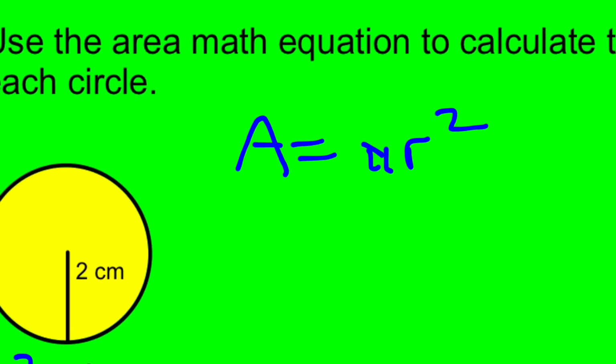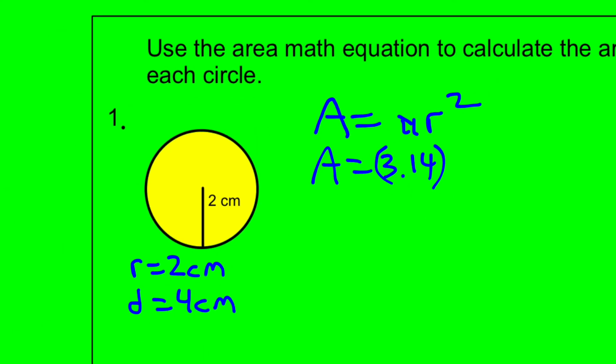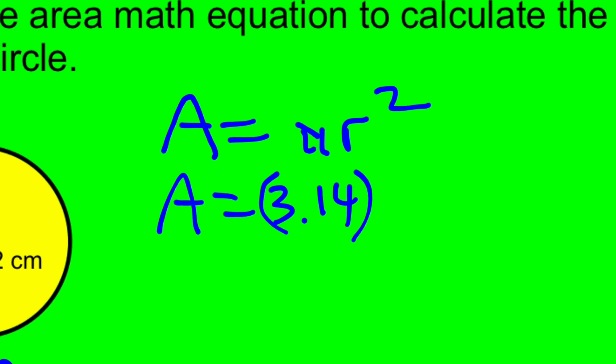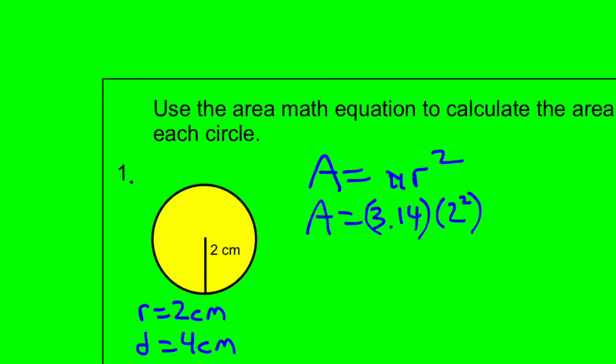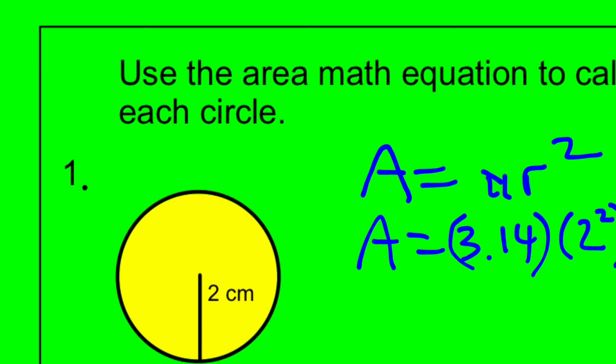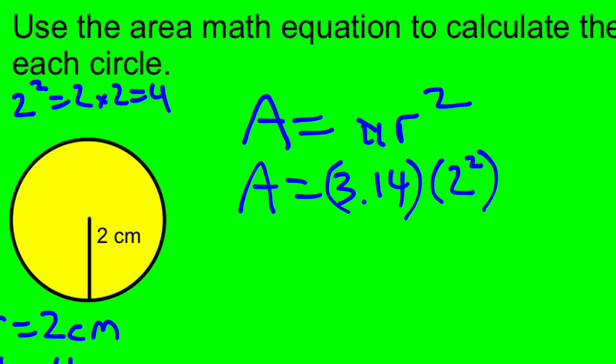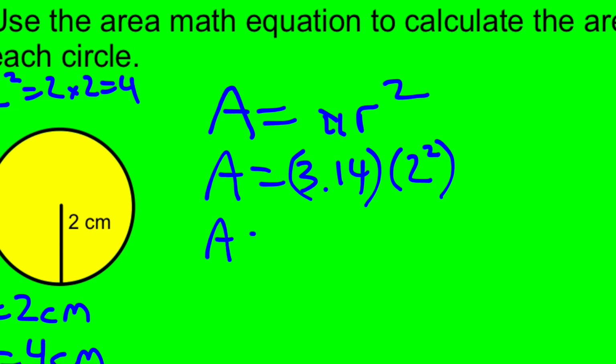We're going to substitute in our values. A equals 3.14 multiplied by the radius, which is 2 to the power of 2. Now, we have to follow order of operations. Now we know 2 to the power of 2 means 2 times 2, which is 4. So we will do area equals 3.14 multiplied by 4.